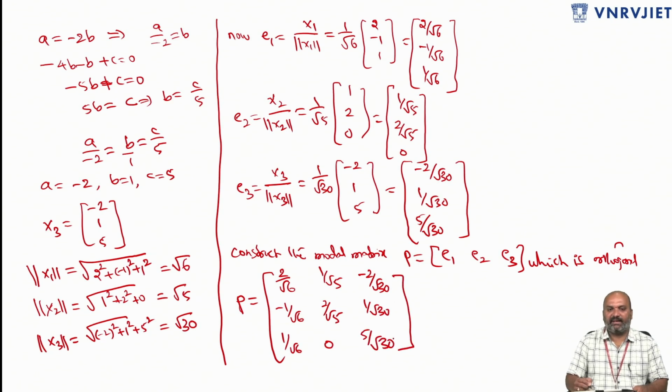This is the matrix P, which is called the model matrix P. Now, we have to consider a transformation x equals Py, which reduces the given quadratic form to canonical form.